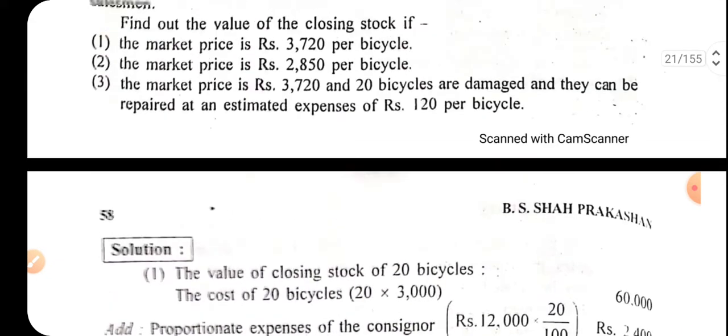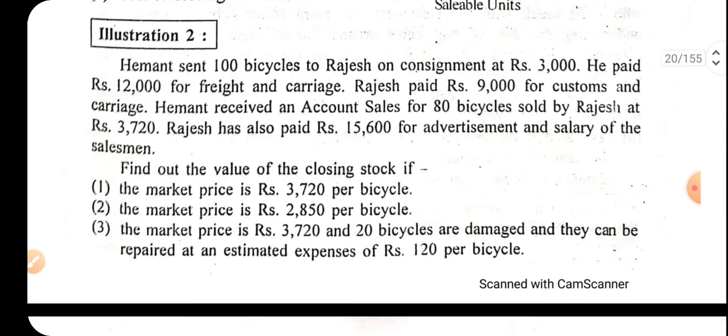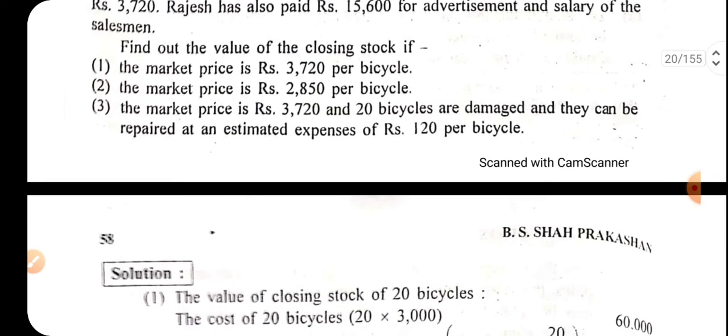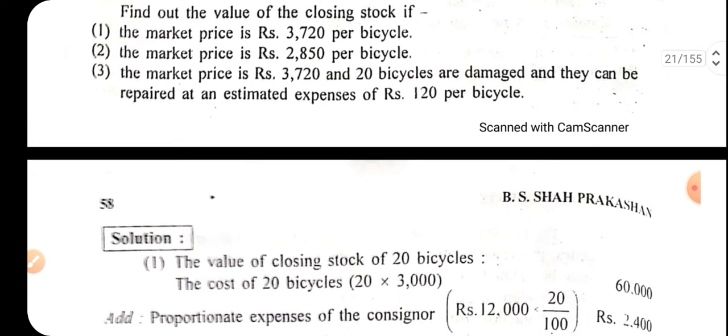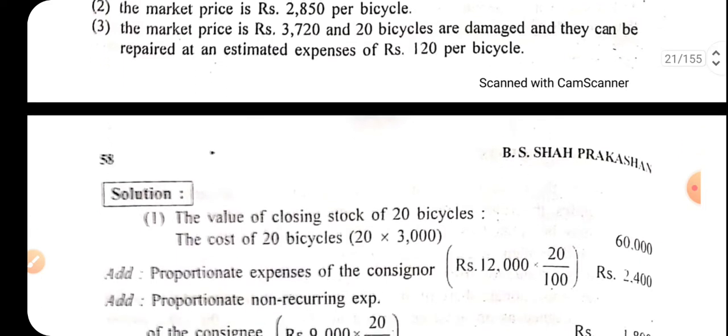Now the third circumstance is also there. Market price is 3720 for 20 bicycles, but the bicycles were damaged, and because of the damage we will have to make a repair of 120 rupees per bicycle.